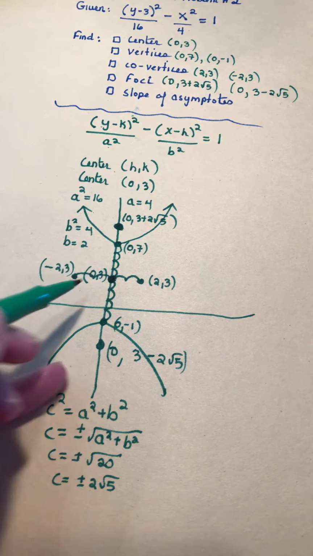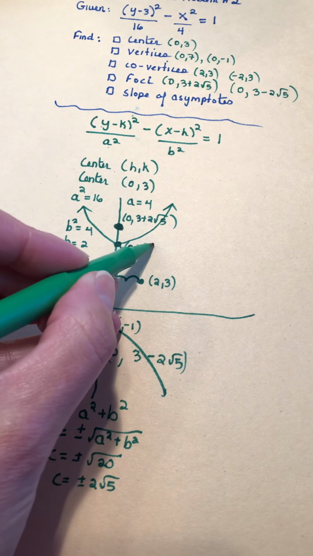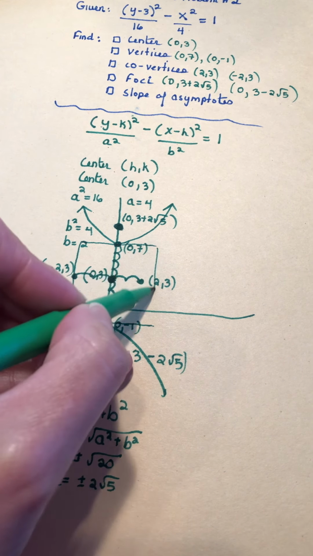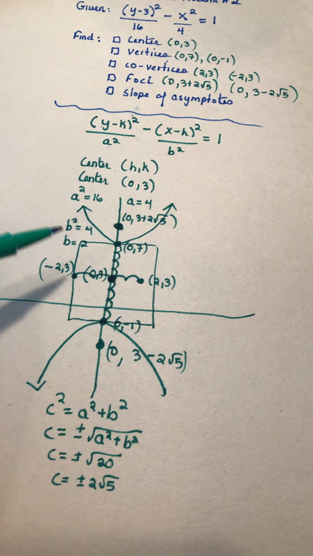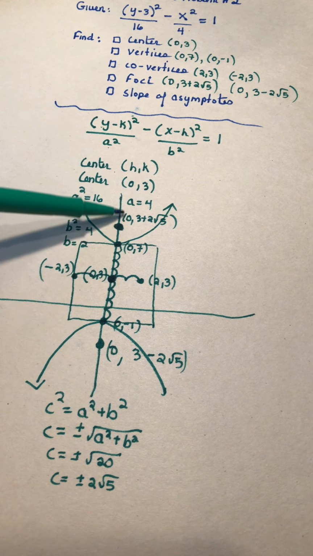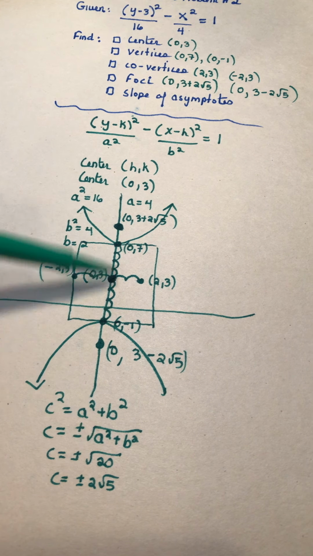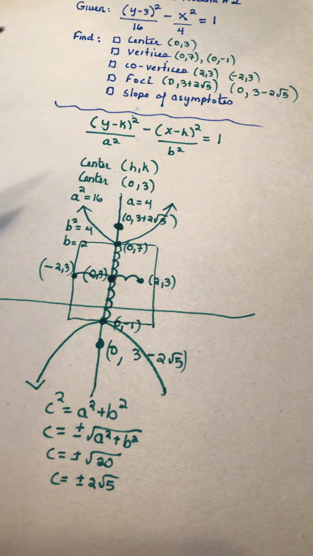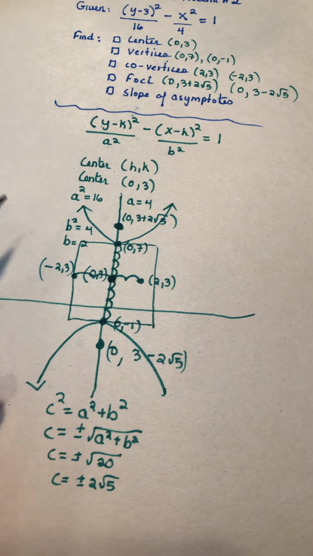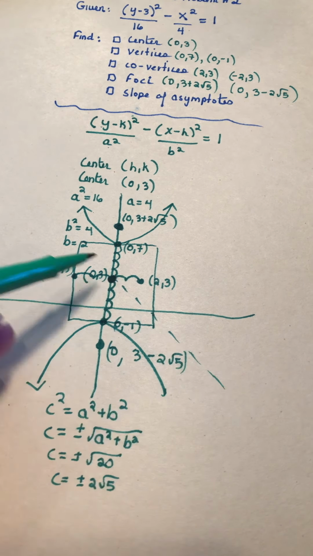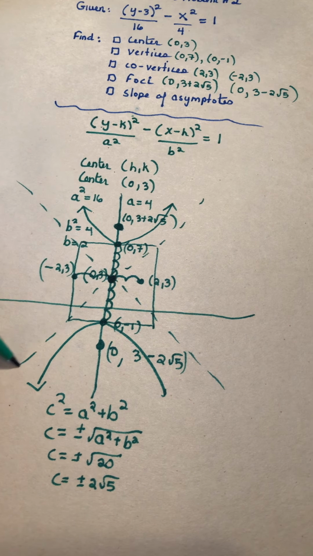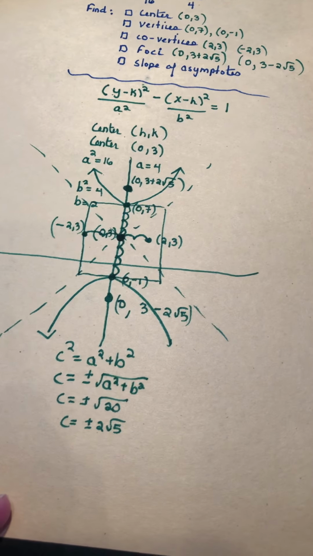And again, you don't necessarily have to draw this in, but remember there's this imaginary rectangle to help you out. The transverse axis is going to be this axis here. In this particular case, it happens to be the y-axis. It's going to go through the vertices on the hyperbola. The conjugate axis is going to be this one here, okay? So if I want to get the slope of the asymptotes, here are my asymptotes, the branches of the hyperbola approach them but don't touch them, I just have to think common sense, right?